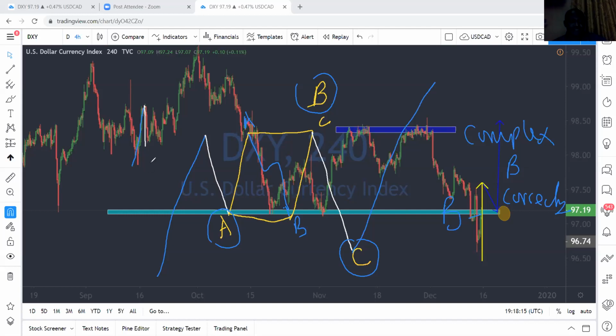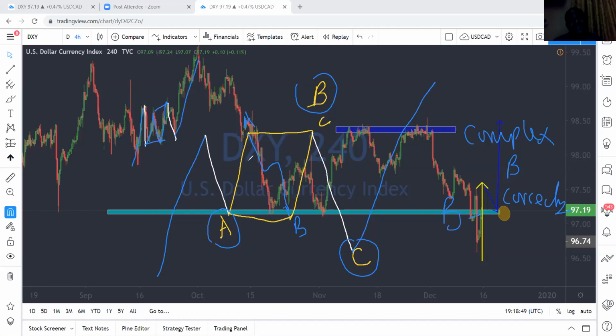You have 1, 2, 3 in blue. Then what do you have next? In white, down. Okay? And then what do you have next? Continuation. Boom, to the upside.